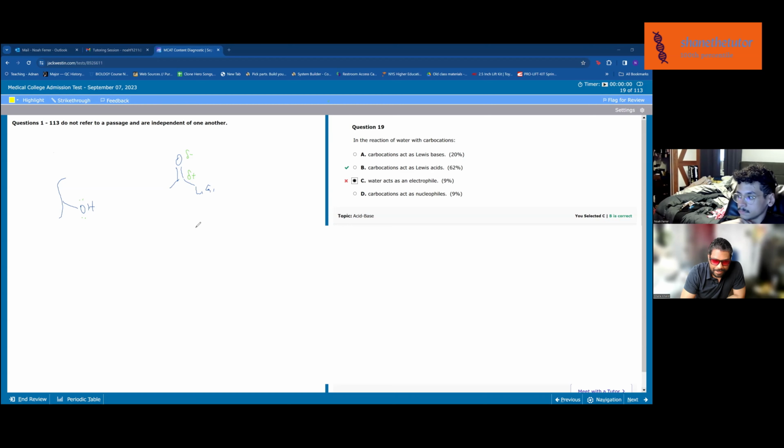So this will attack that, pushing that over to that. So which one is the nucleophile here? The hydroxyl group, right? And is that a Lewis base or a Lewis acid?